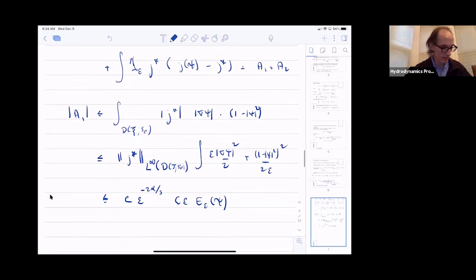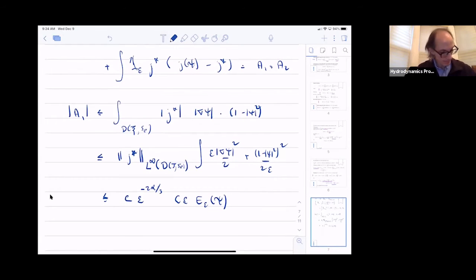And this looks like epsilon to the alpha over 3 times log 1 over epsilon. So we don't need to worry about that, although I may have gotten some details wrong, say with the alpha over 3, and I may have forgotten the logarithmic contribution. Okay, so that was the easy term.